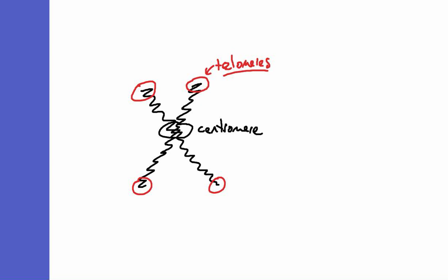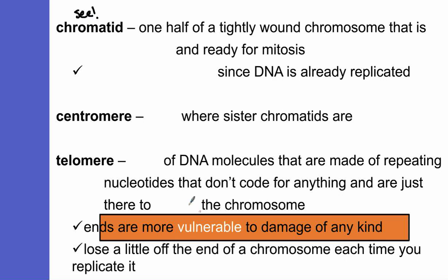So when I say that a little bit is lost every time, that's actually hypothesized to be one of the reasons why we age, right?